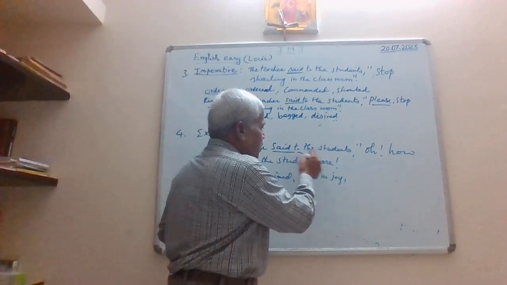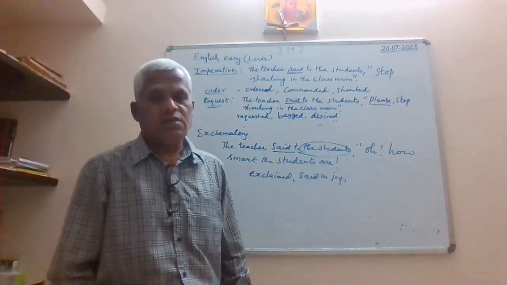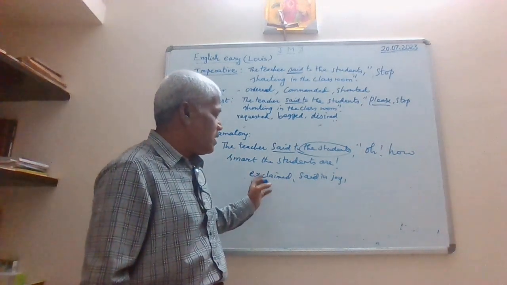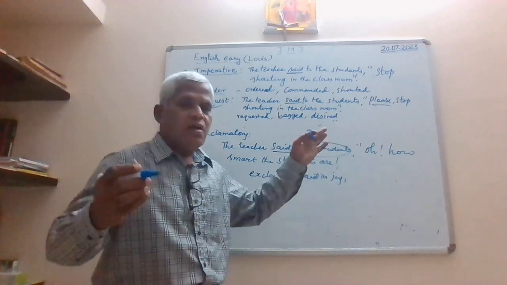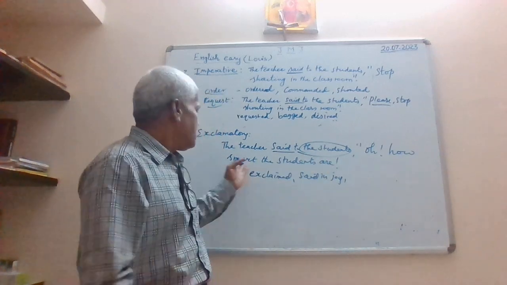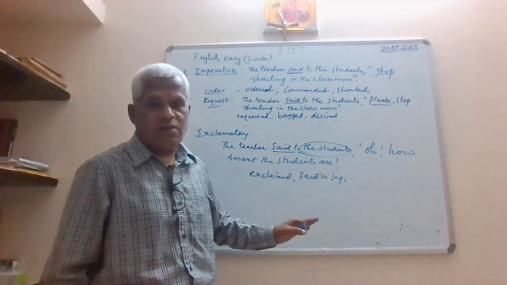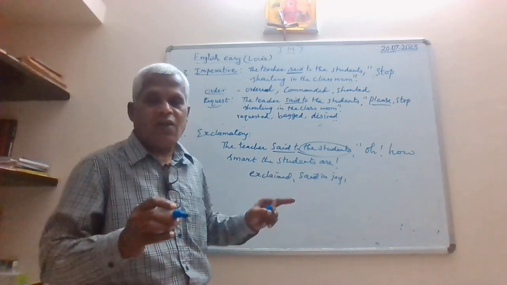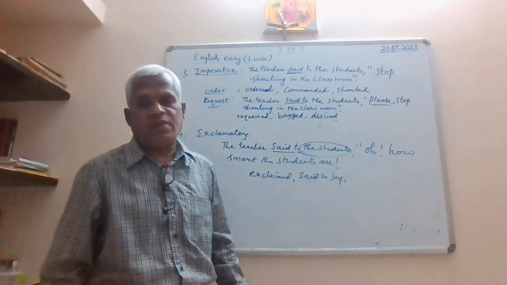When you say wondered, you may not have to add the word student there. So the teacher wondered, exclaimed, or teacher said in joy to the students, how smart the students are. So I will come to the changing. I just read what is written on the board as a direct speech sentence that is written within the inverted commas.